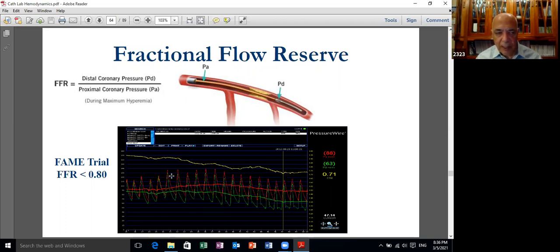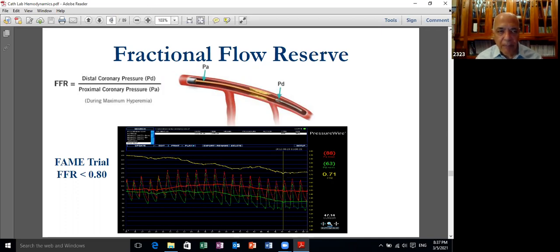And we know that the cutoff point is 0.8, so anything above 0.8 you can defer dilatation of this vessel, no intervention, even up to 5 years. Anything below 0.8 will be a candidate for dilatation or intervention, and the ideal intervention should achieve a 0.9.